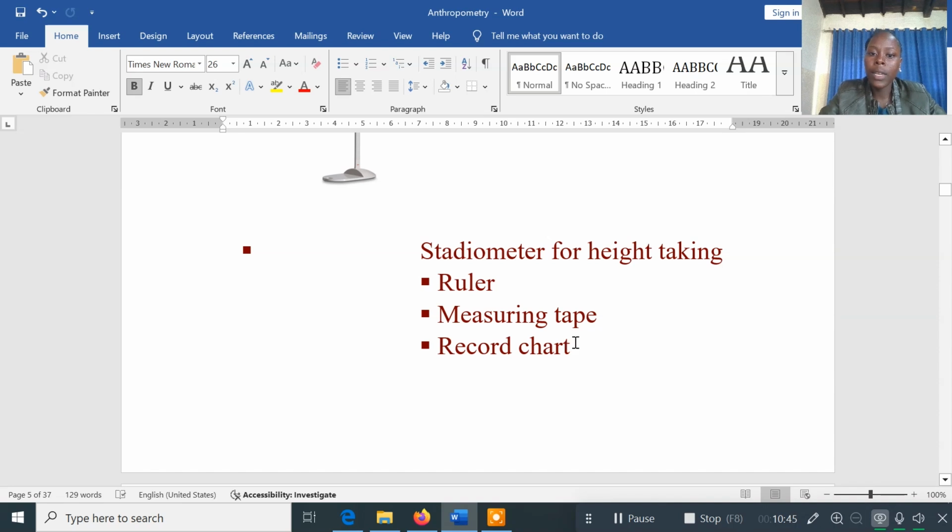And then lastly, we need what we call a record chart, where we are going to be recording all our findings after measurements, where you'll be recording the patient's height and the weight after measuring. Okay, so those are the requirements that we need for anthropometric measurements. So now we are going to proceed.